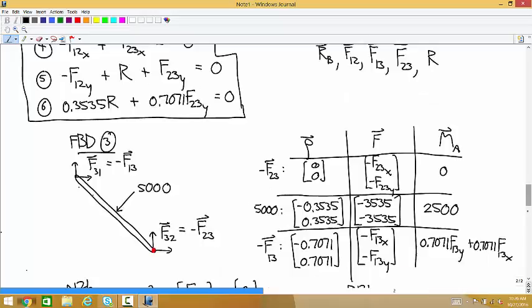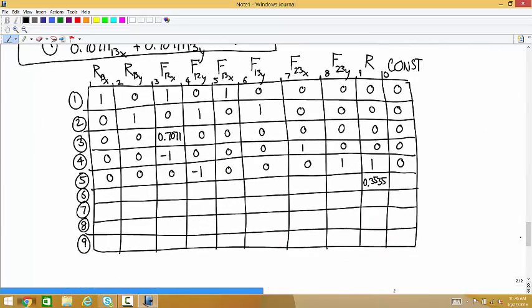F23y, we have 0.7071. Everything else is zeros.